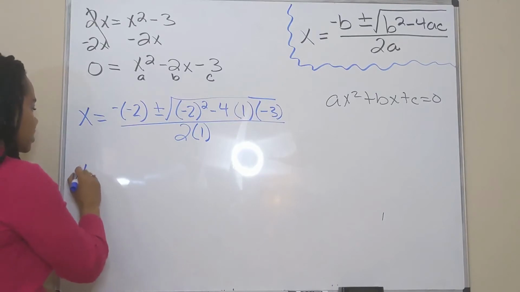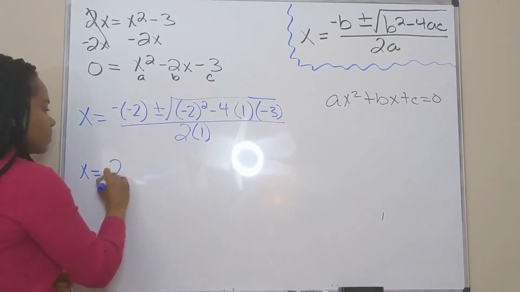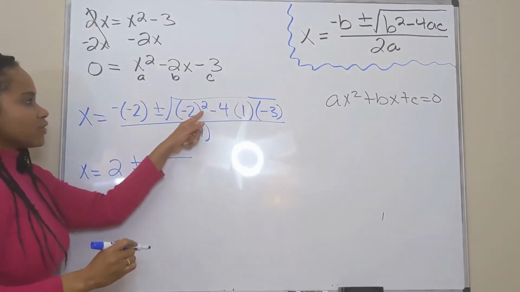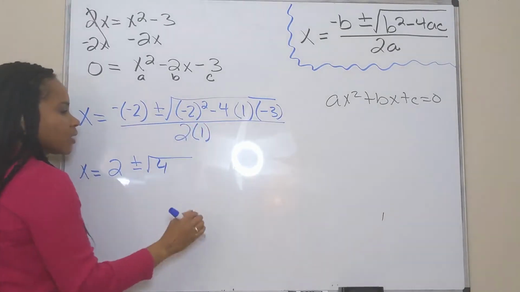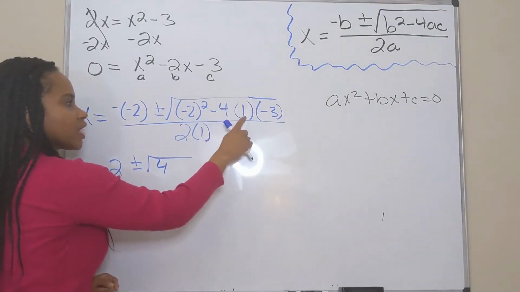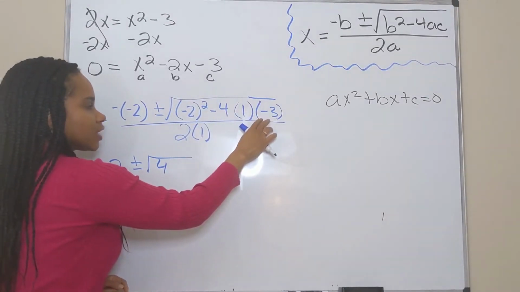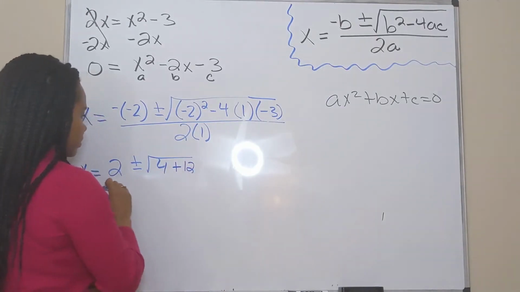All right. Simplifying it a little more. So negative times a negative would be a positive, plus or minus negative 2 squared. So negative 2 times negative 2 is a positive 4. And now I have negative 4 times 1, that is negative 4. And negative 4 times negative 3, that is going to be a plus 12.